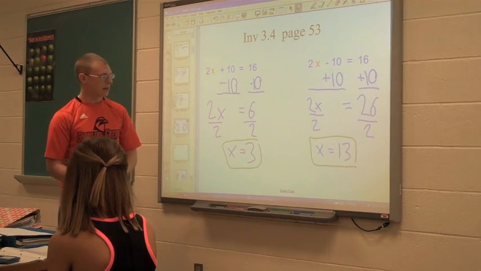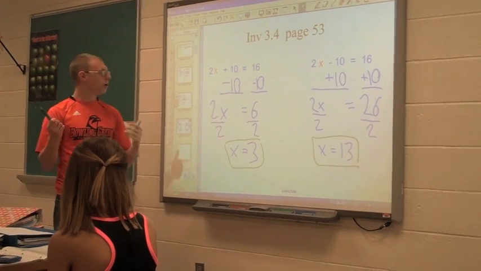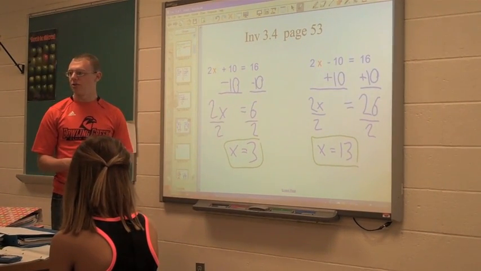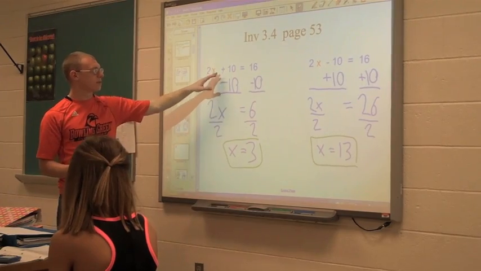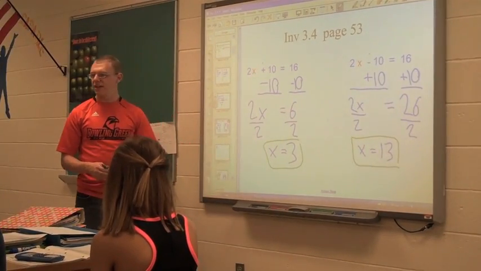Is x equals 3 and x equals 13 the same thing? No. Correct. So your initial thought that these two are different because of the plus and minus signs, it really does make a difference, doesn't it?